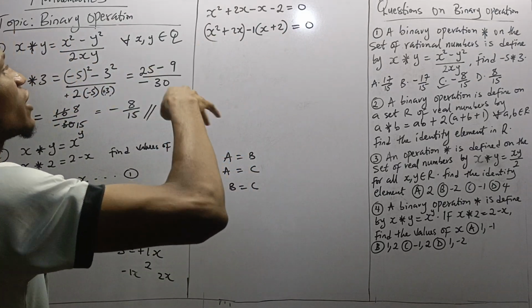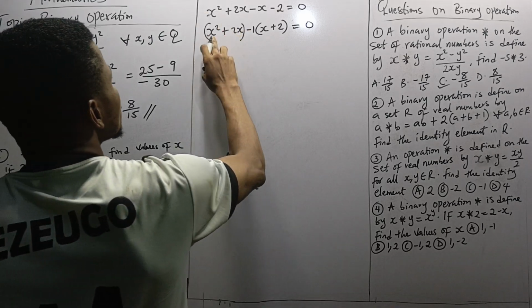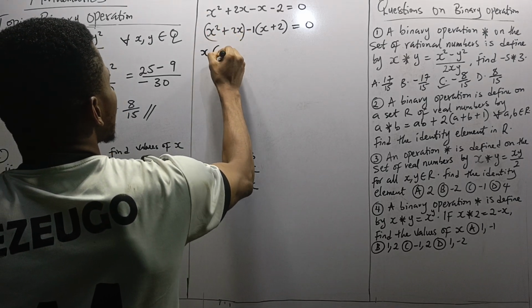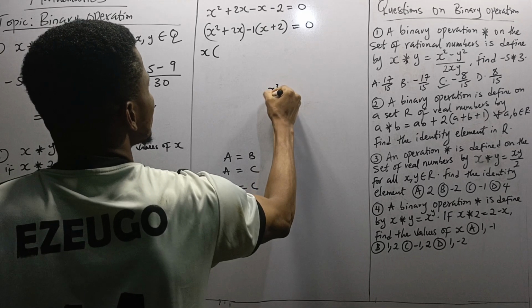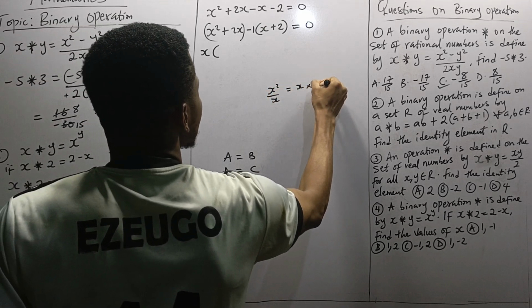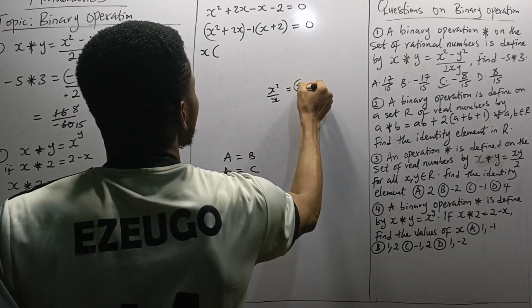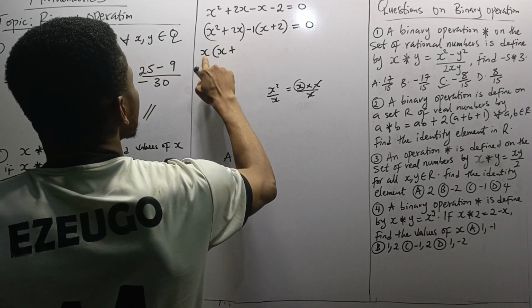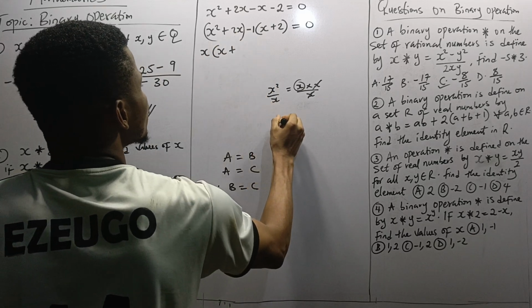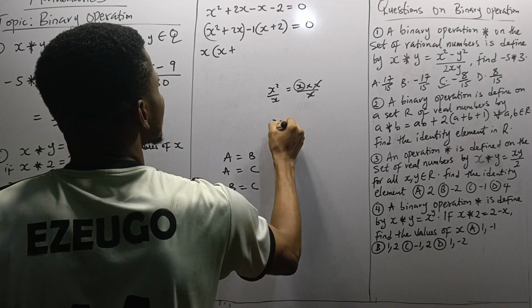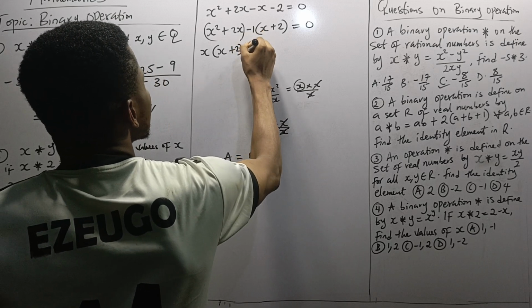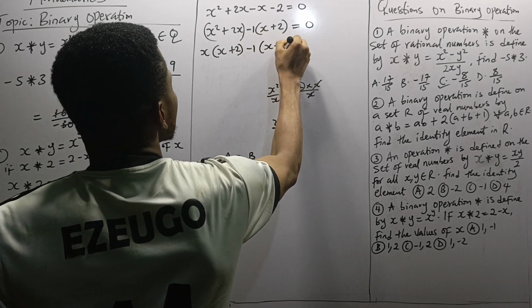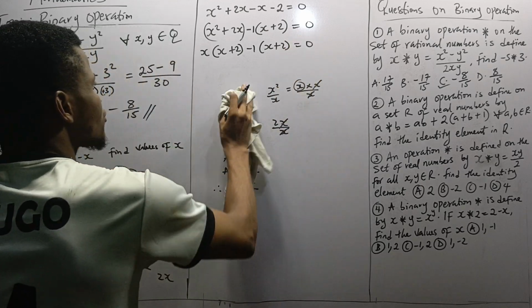We factorize until there is nothing to factorize. What is common here? X. So bring x outside. X squared divided by x. Remember, x squared is x times x. Then divided by x. X cancels x. We are left with x. Then plus 2x divided by x. X cancels x, remaining 2. So this is negative 1 into x plus 2 equals to 0.